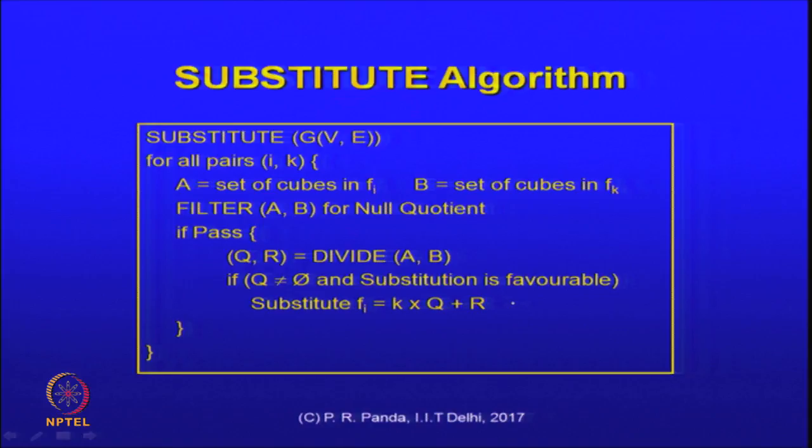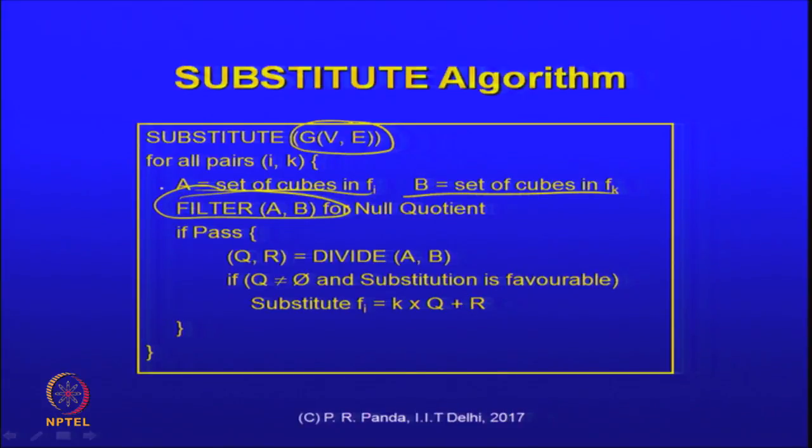Okay, so with these I can have a substitute algorithm that looks like that. That is my graph of vertices and edges for all pairs, and we could still have all pairs, but what we are doing is quickly getting rid of many of those pairs. So, if A is the set of cubes in Fi and B is the set of cubes in Fk, you perform a filtering for the null quotient of the kind that we saw.